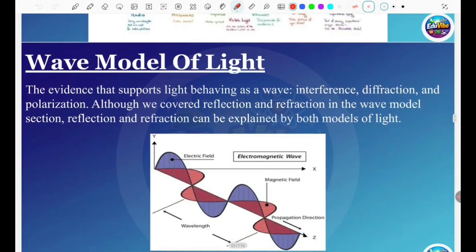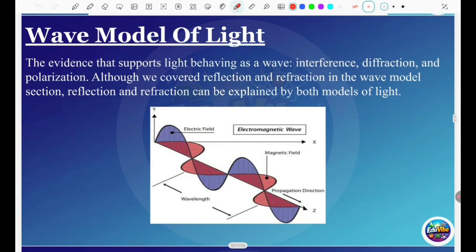So let's start. We have two models we cover in this unit, which are the wave model of light and the particle model of light. Firstly, we focus on the wave model of light. The evidence that light behaves as a wave: we did interference, diffraction, and polarization. All these things are evidence that light is behaving as a wave.